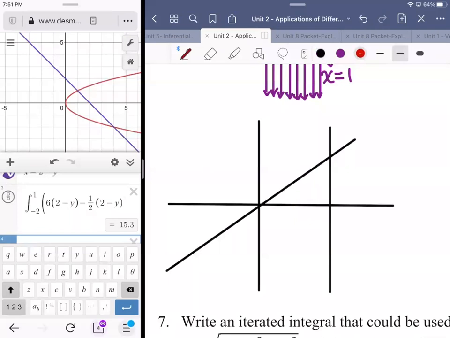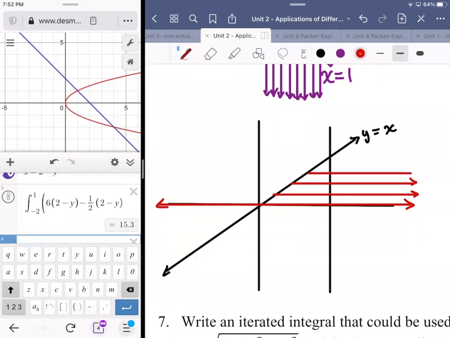I still want to start off at y equals 0. But now I'm restricting based off of the function y equals x, right? So now we're thinking of this as y equals x. Now, I only want the part of it that actually makes sense based off of the area that I'm looking for.